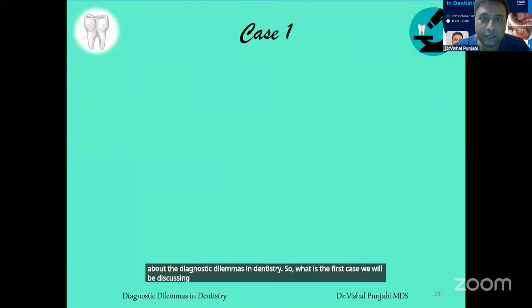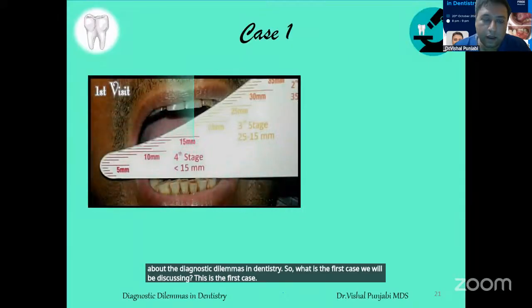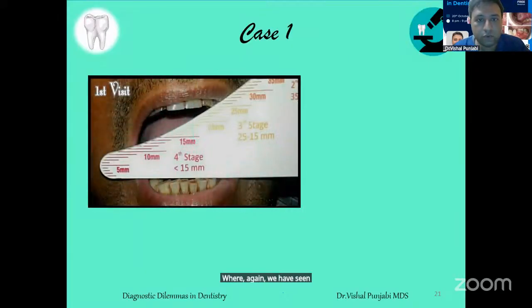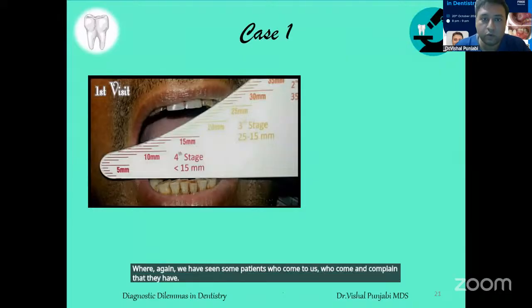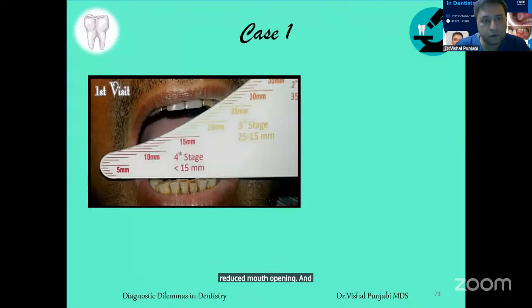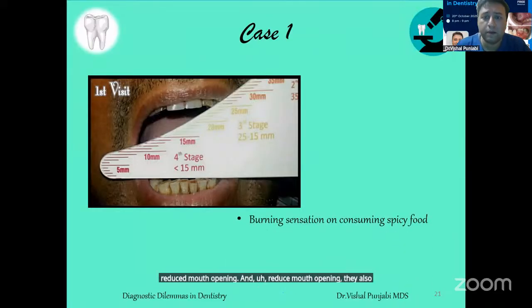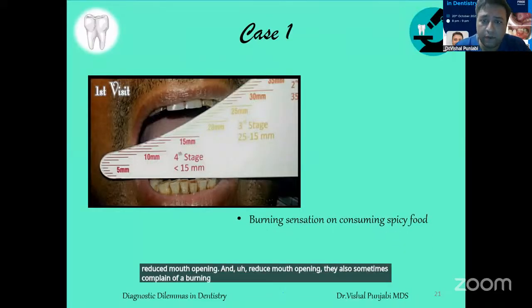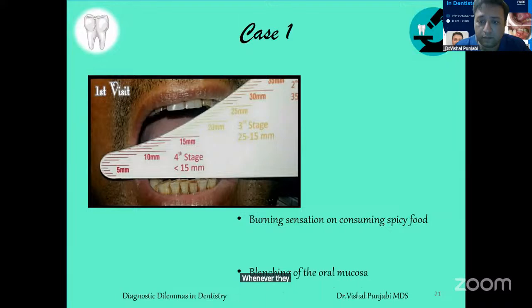This is the first case, where we have seen patients who come to us and complain that they have reduced mouth opening. Along with reduced mouth opening, they also sometimes complain of a burning sensation whenever they consume spicy food.